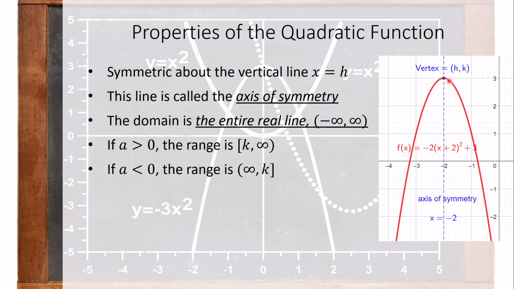For this particular function, it can put out all values as low as negative infinity and as high as k. This is a case where a is less than 0. So if a is less than 0, the range is the half open interval from negative infinity to k. And if a is greater than 0, the range is going to be from k to infinity, because then your parabola opens up.